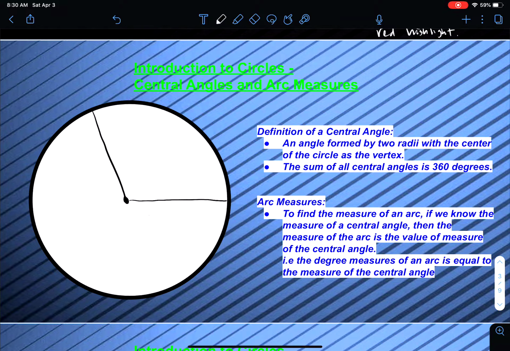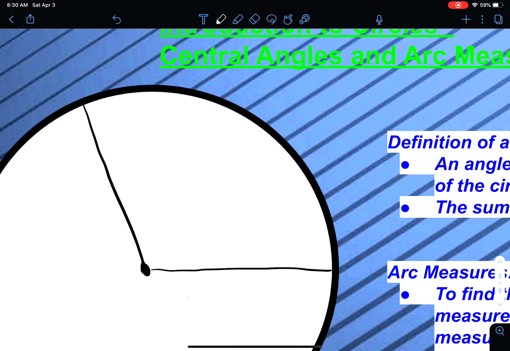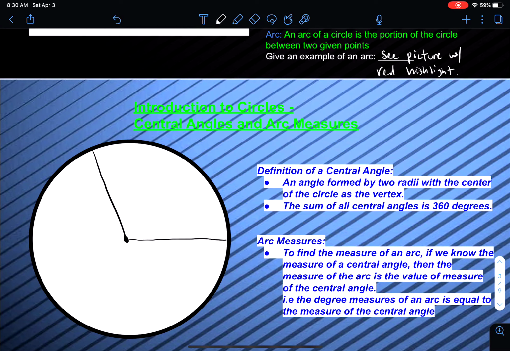Take a look at this closely. What I just did was I formed an angle. Okay? So let's say that this angle, let's call this AB, and I'm going to say that this is 95 degrees. So what I have here is that I have the measure angle AB is 95 degrees.